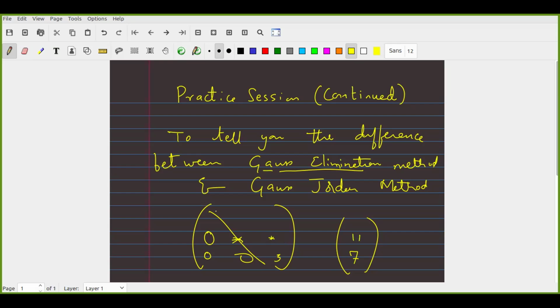Then you'll have another number here. So you will rewrite the first row as an equation. You already know x and y, so substitute that. Let us just assume that these numbers are minus 1, 2, and 3, just as an assumption.